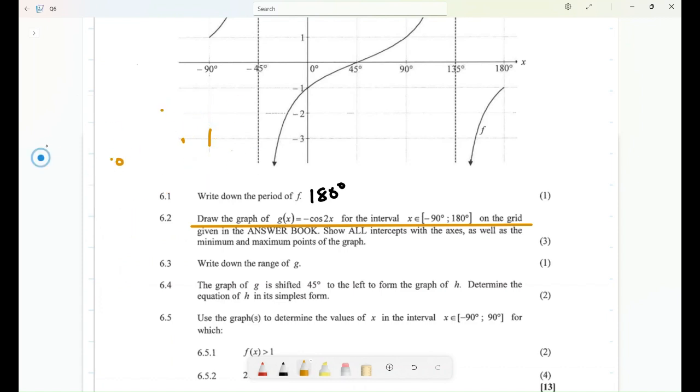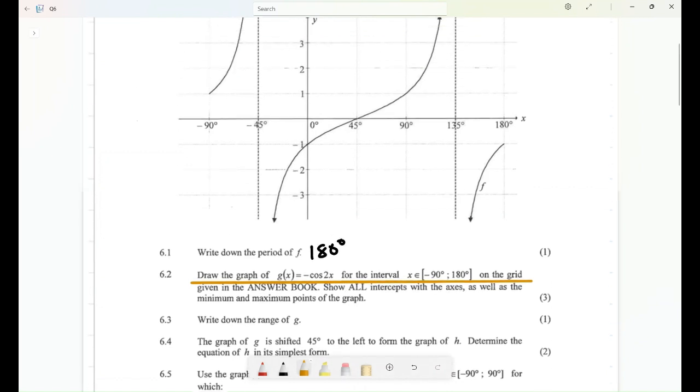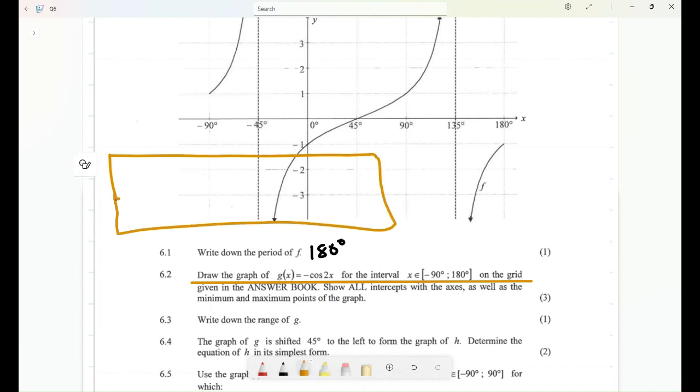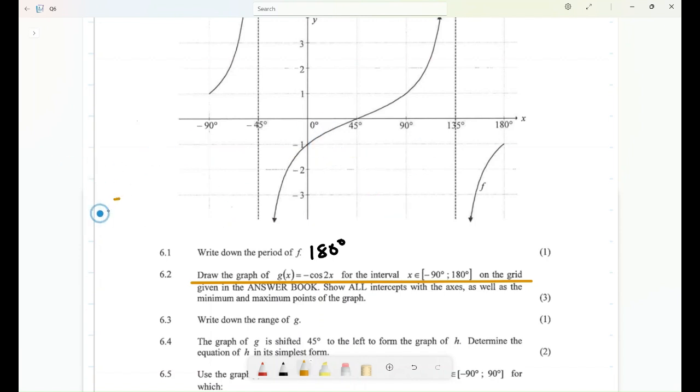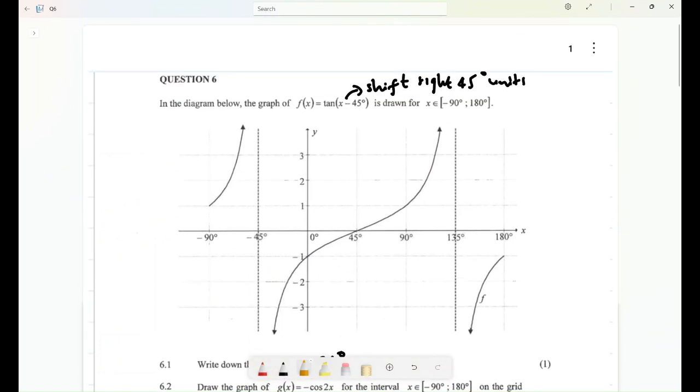Okay, what I normally do, you can do this, it's fine. Just use a table method because choking won't help. Let me just find a space where I can do my table. I'll just say x and y.